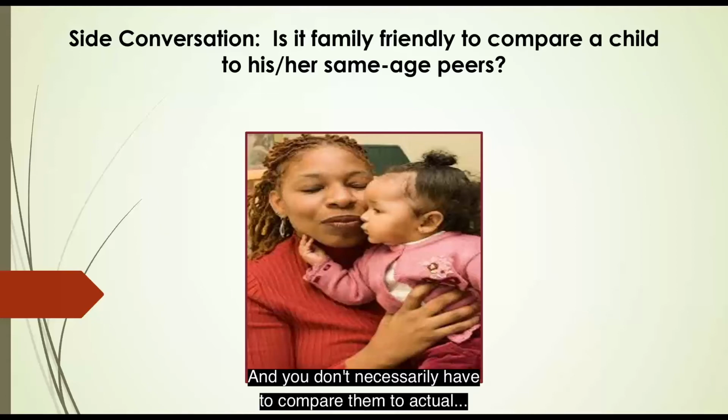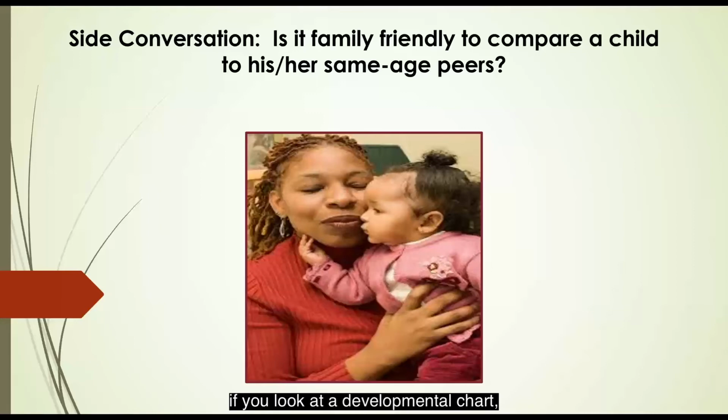And we're not saying compare them to an actual child. What we're saying is, if you look at a developmental chart, so the Larimer or the developmental wheel, a child within this age range should be doing these things.